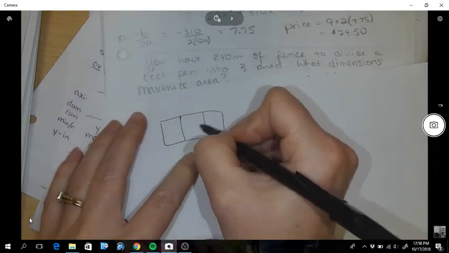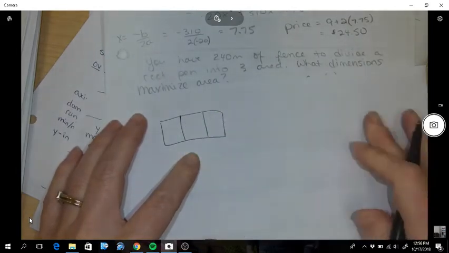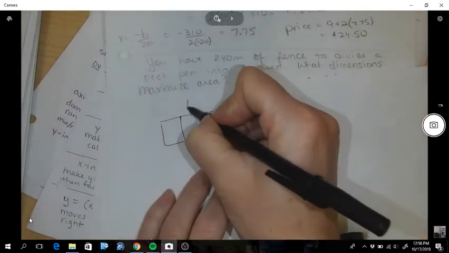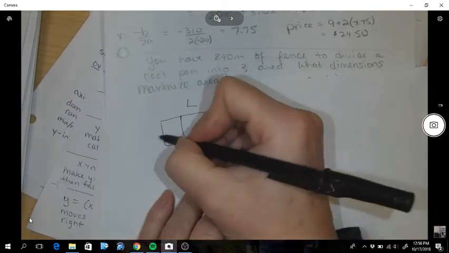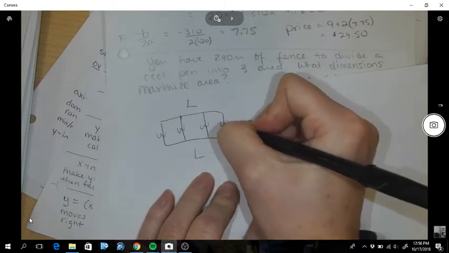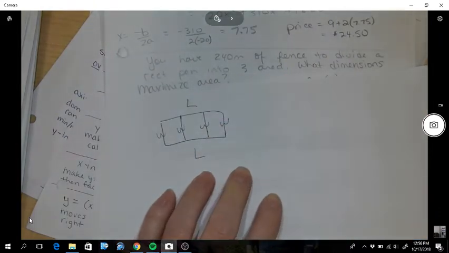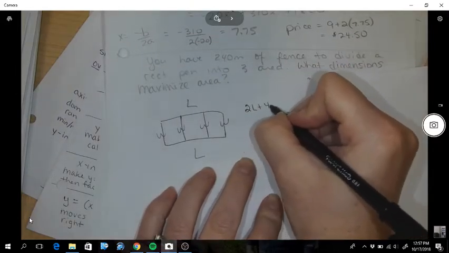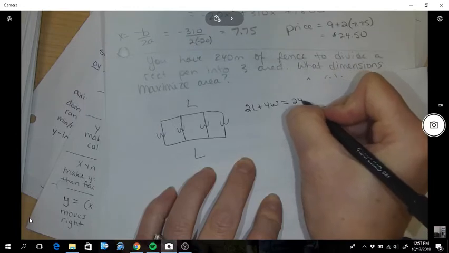You're going to divide it into 3 sections. I want some L's and W's on here for length and width. Those are lengths. Here's widths. All of those pieces of fence make 240 meters altogether. So 2L plus 4W will all add up to 240.